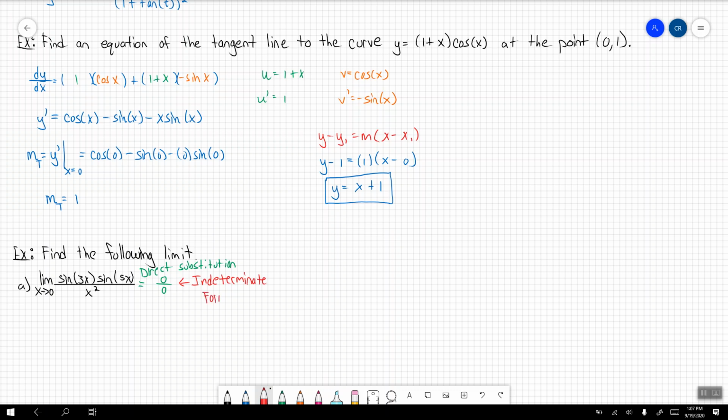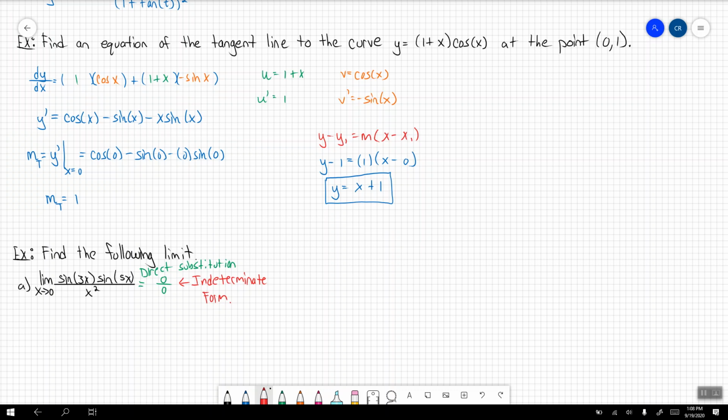This indeterminate form for us just means that we can't evaluate the function as is. So we have to find some sort of algebraic manipulation or trigonometric simplification that will allow us to evaluate the limit so that the result will not be indeterminate form.